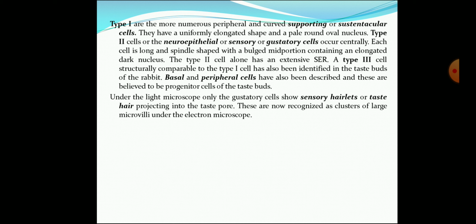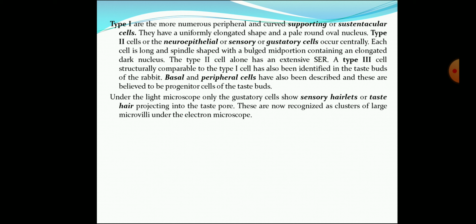The type second cell has extensive smooth endoplasmic reticulum. The third type of cell, type third, is similar to the type first cell, also identified in the taste buds of rabbit. Basal and peripheral cells are also described, which are progenitor cells of the taste buds.